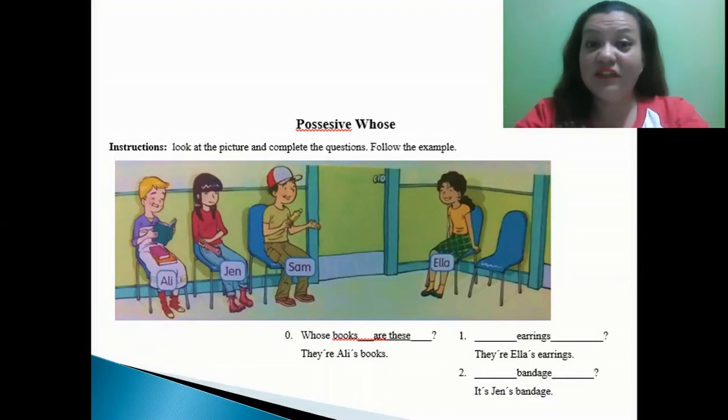Because he is using a plural, we are going to answer, they are Alice's books. So you have to be very careful. Look at each character. What are their possessions? And let's practice using possessive whose.